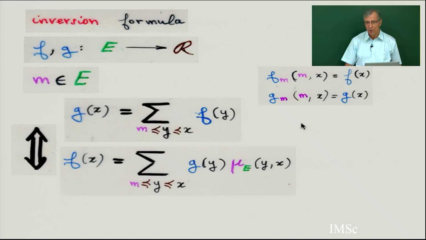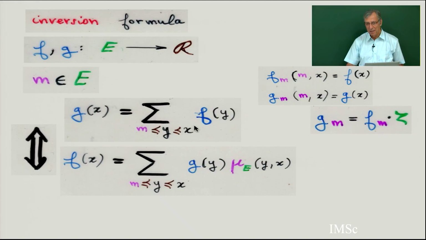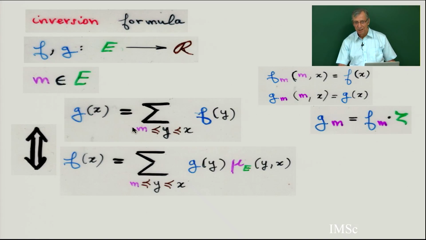In this proposition, f is a function of a single variable. So I transform this into a function with two variables. m is fixed, so I can define f_m of m and x. And then this relation means that g_m equals the convolution product with the zeta function, the sum of f of m and y multiplied by zeta of xy, which is 1.